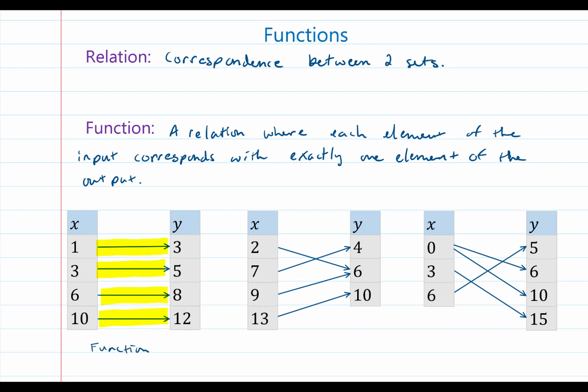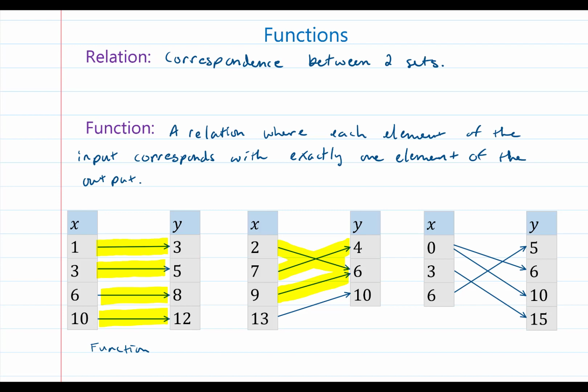My second mapping diagram, I have 2 corresponding with 6, 7 corresponding with 4. So far, so good. That means that it is a function at this point. I have 9 corresponding with 6. And so some people interpret that to be not a function because both 2 and 9 are corresponding with 6. But again, let's go back to our definition, a relation where each element of the input corresponds with exactly one element of the output.